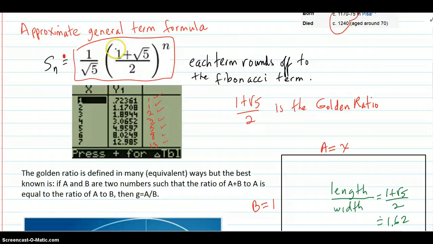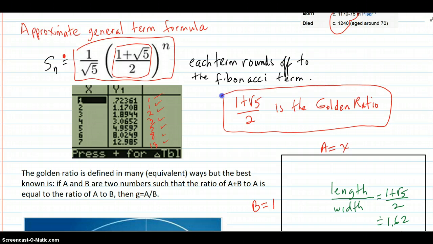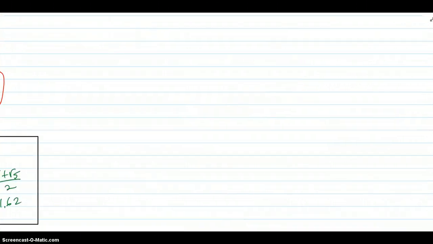And then what's interesting about that, so it's not an actual general n-th term formula, but it's an approximation. Now this 1 plus square root of 5 over 2 is very interesting. It's the golden ratio, which was a desired ratio for pictures and rectangles.